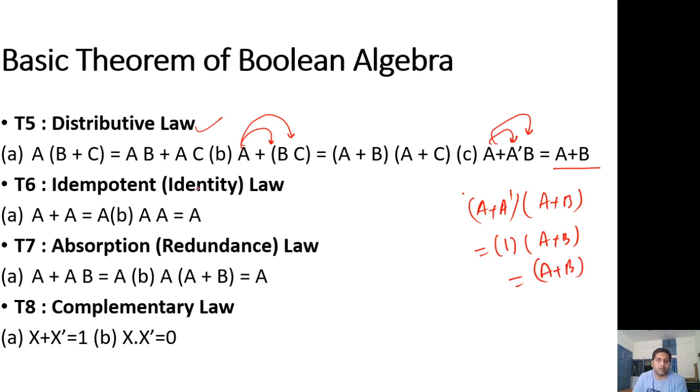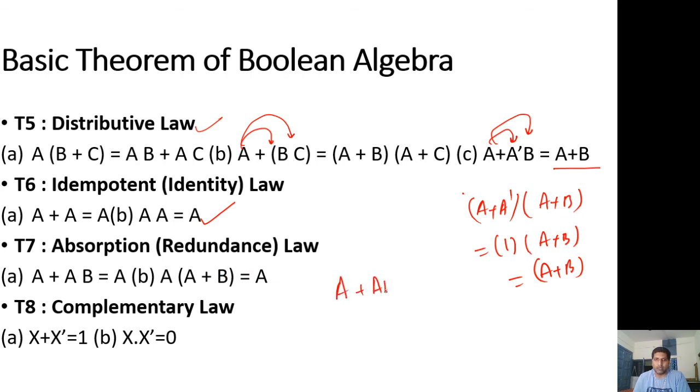Now another property is idempotent law या identity law. A plus A is equal to A and A dot A is equal to A. Absorption law, redundancy law. A plus AB is equal to A and A into (A plus B) is equal to A. How is it possible?